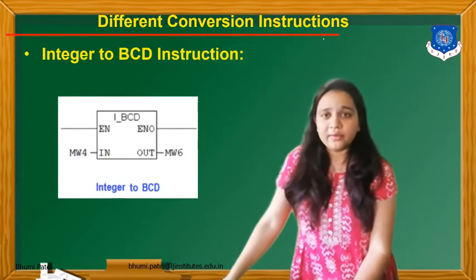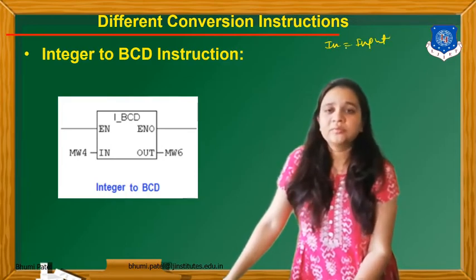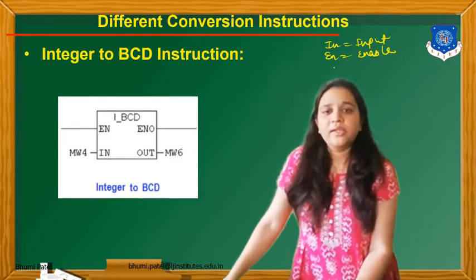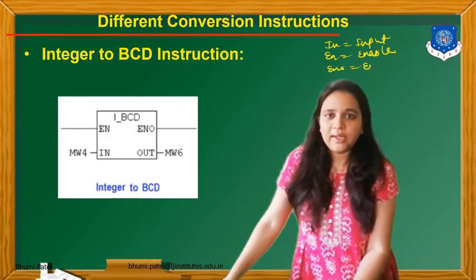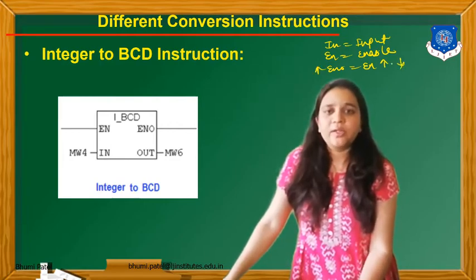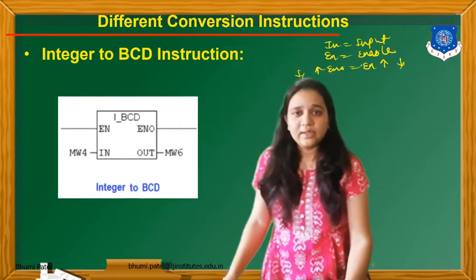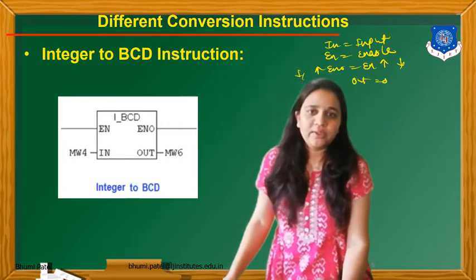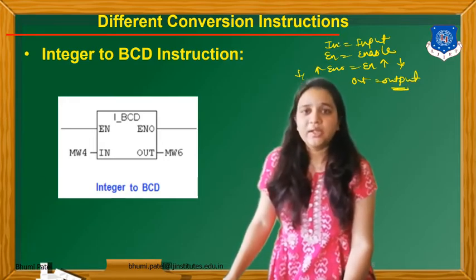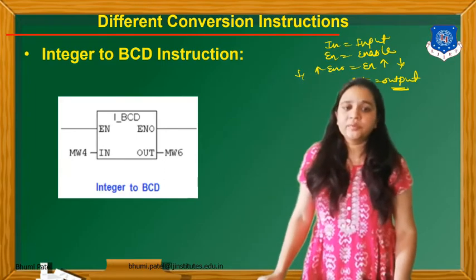Same logic is there. IN indicates the input, EN indicates the enable, and ENO is equal to EN. If EN is high, ENO is high. If the enable bit is low, ENO is low, and OUT indicates the output of this signal. Here the input is the integer number and the output is the BCD number.